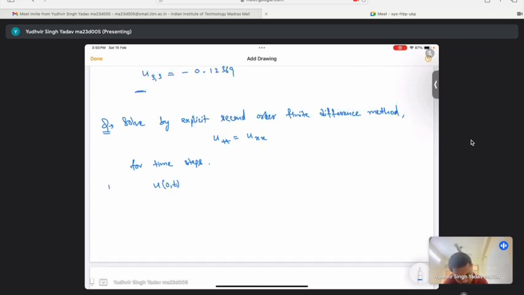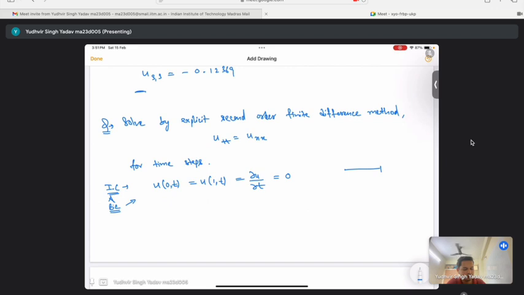The given initial and boundary conditions are u(0,t) and u(1,t), and also the del u by del t initial and boundary conditions is 0.